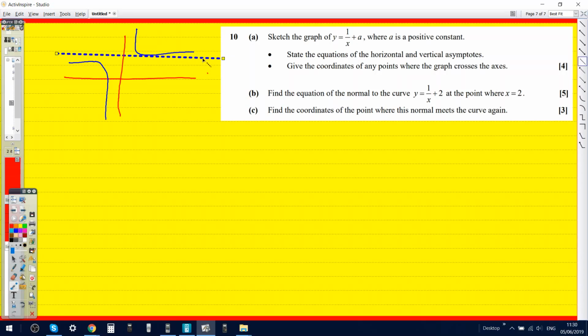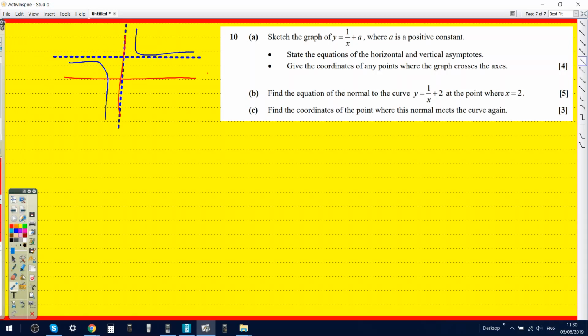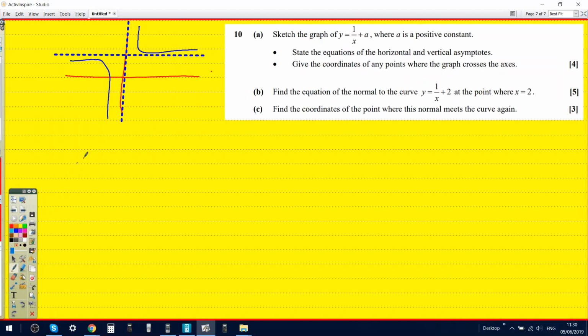Let's see. So that's our asymptote, and that's our other asymptote. One asymptote is x equals 0. The other asymptote is y equals a. The reason why it's gone up instead of down is because a is positive. Okay.